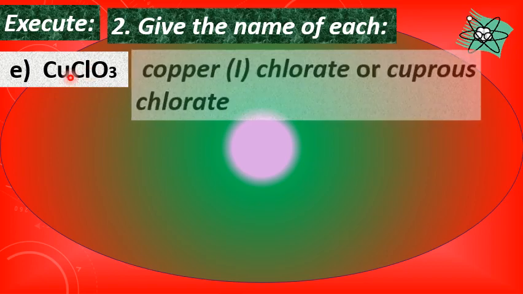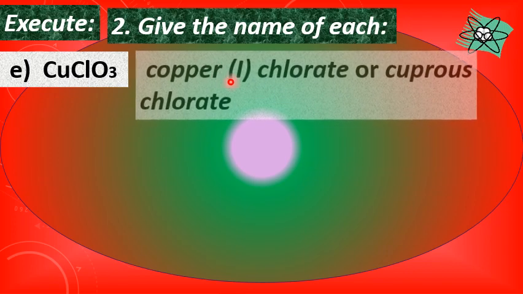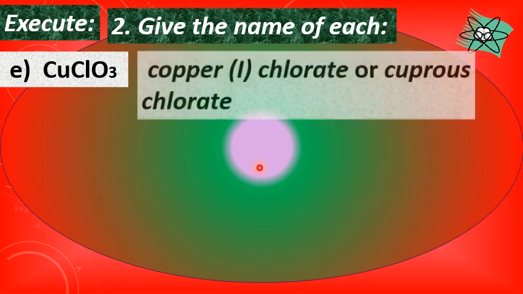So the fact that copper here uses its lower ionic charge of positive 1, it is therefore named copper Roman numeral 1 chlorate or cuprous chlorate.